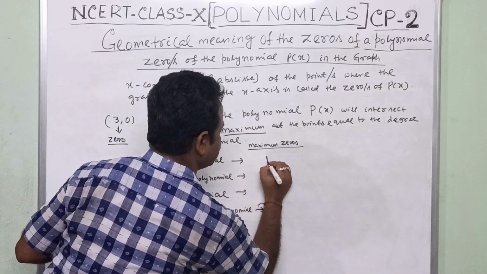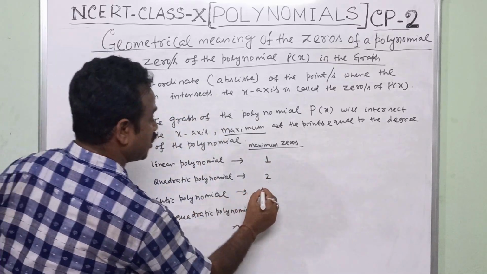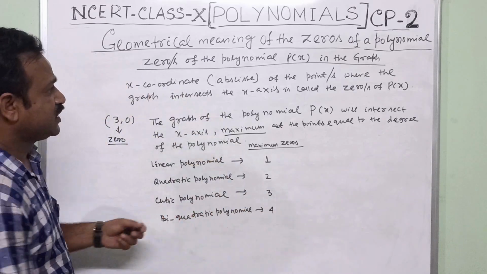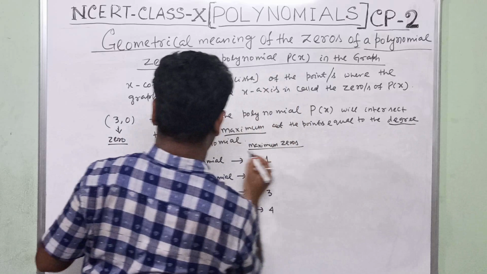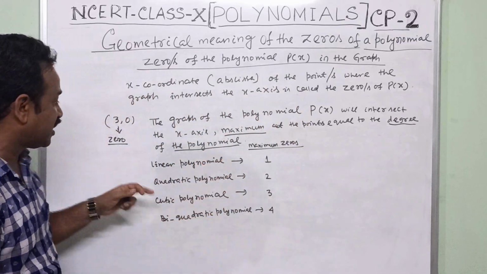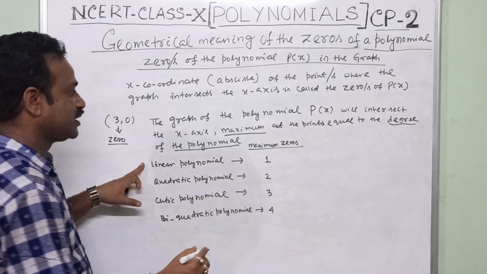Linear polynomial maximum 1. Quadratic polynomial maximum 2. Cubic polynomial maximum 3. Bi-quadratic 4. Because the maximum is equal to the degree of the polynomial. The degree of a linear polynomial is 1, so maximum zeros is 1.